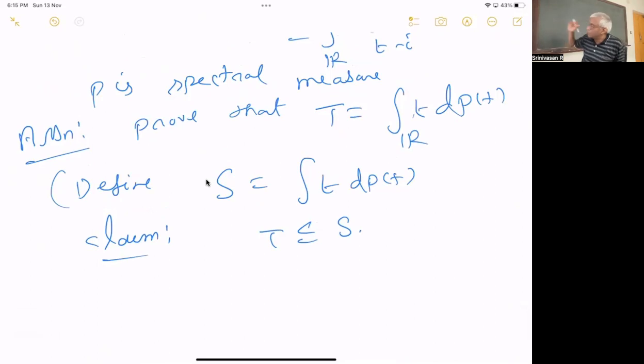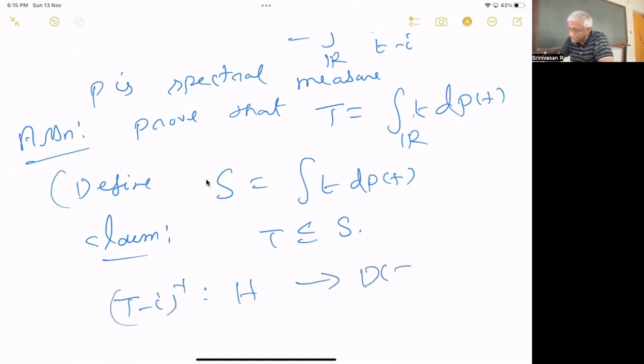Now T minus I inverse is an operator from H whose range is the domain of T. That's very important: its range is the domain of T.